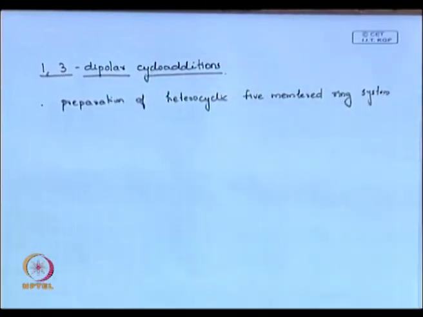So, you can think about making molecules with heterocyclic 5 membered rings. That is why 1,3 dipolar cycloadditions have more synthetic utility, they have been used a lot.